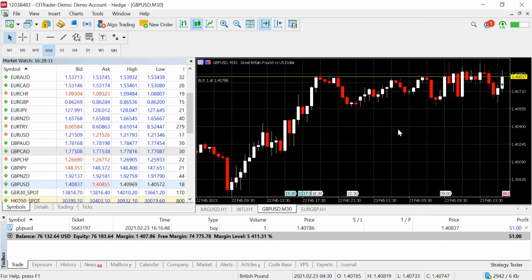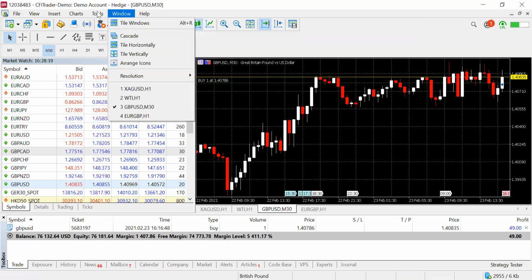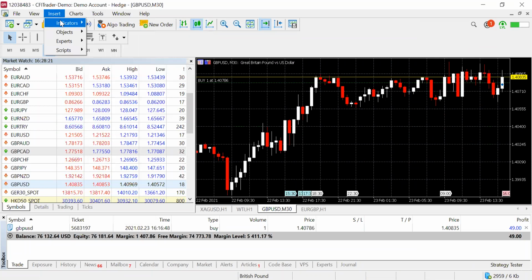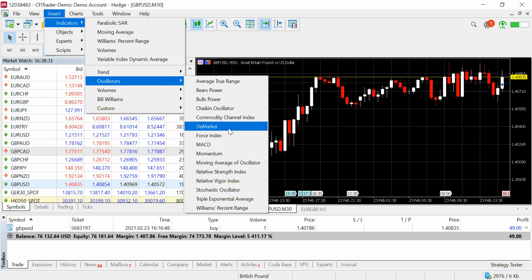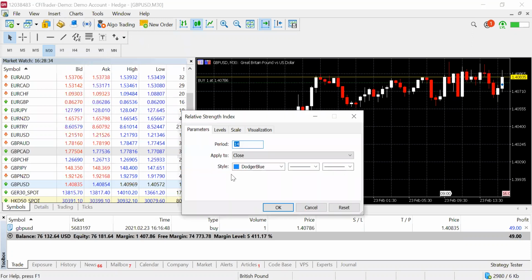Also, some indicators will appear at the bottom of your chart, for example, let's find another very common indicator, which is the relative strength index, which is over here.